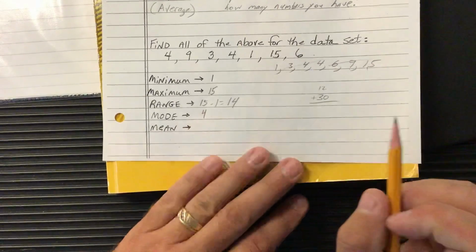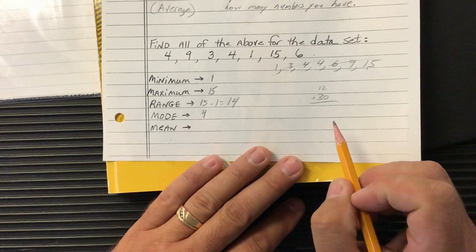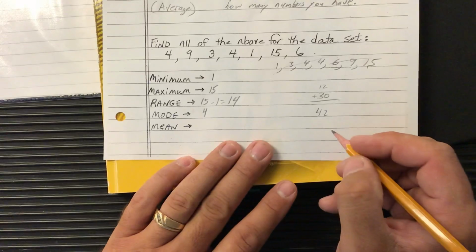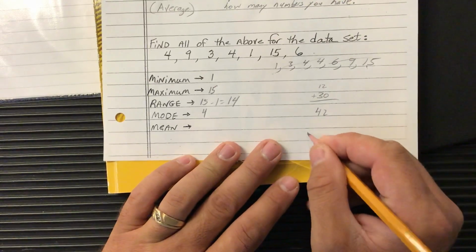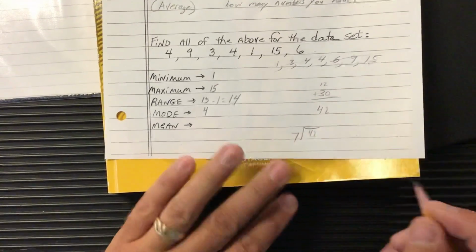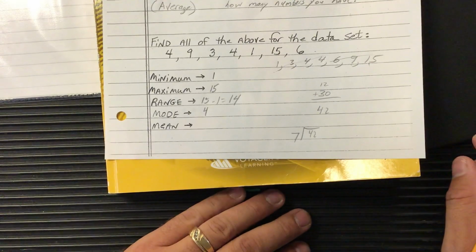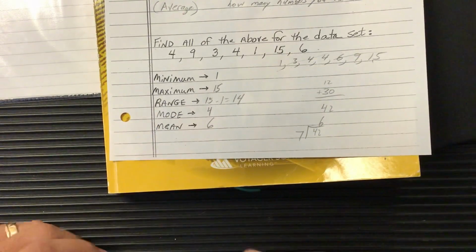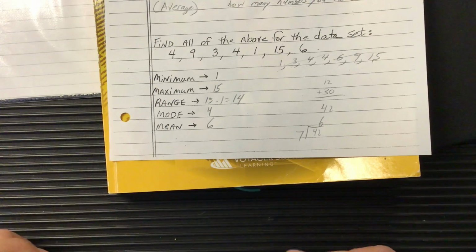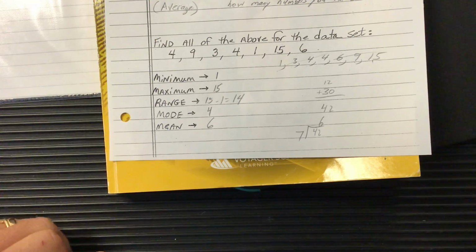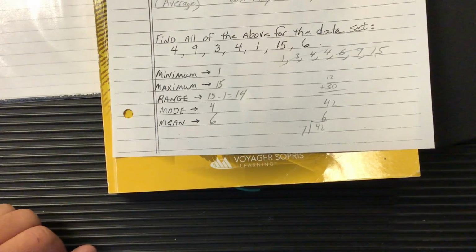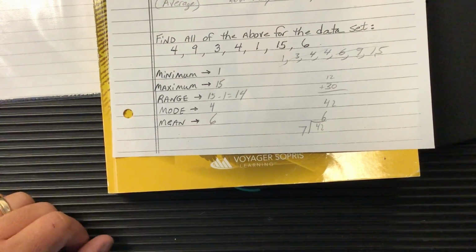So I added them all up now. So I got 12 and 30 to add. It's 42 divided by, how many numbers do I have? 7. I have 7 numbers, so 42 divided by 7 equals 6. So that is our average. And sometimes it'll be a fraction or a decimal. There's only so many numbers that'll divide out evenly, unfortunately, so you will not always get a nice whole number there.